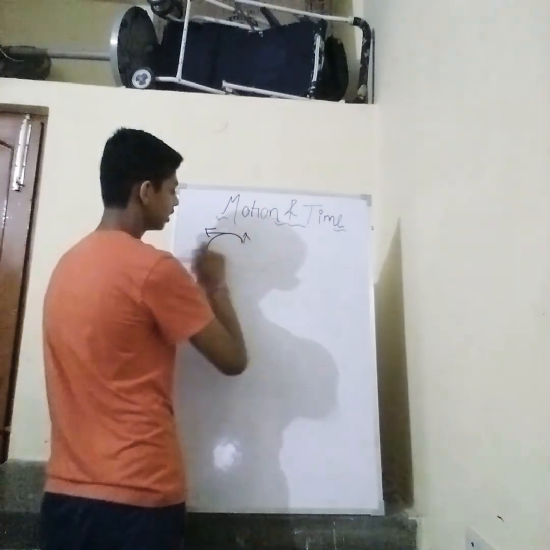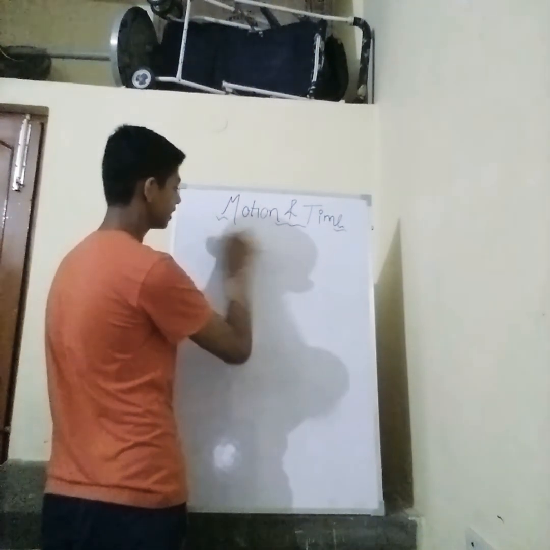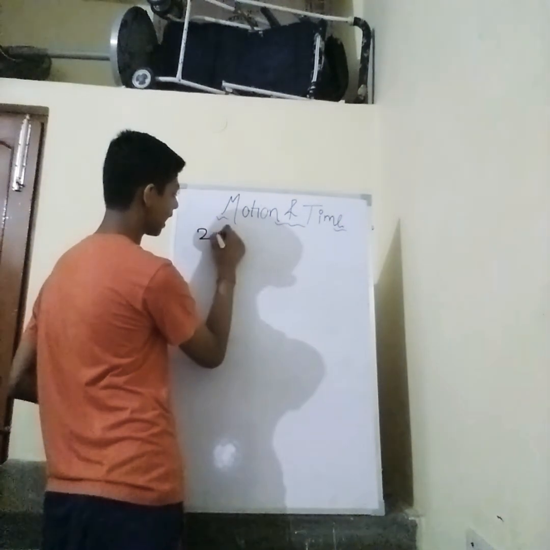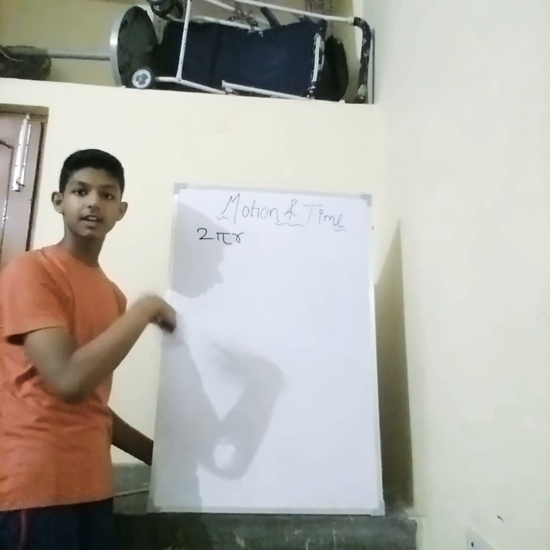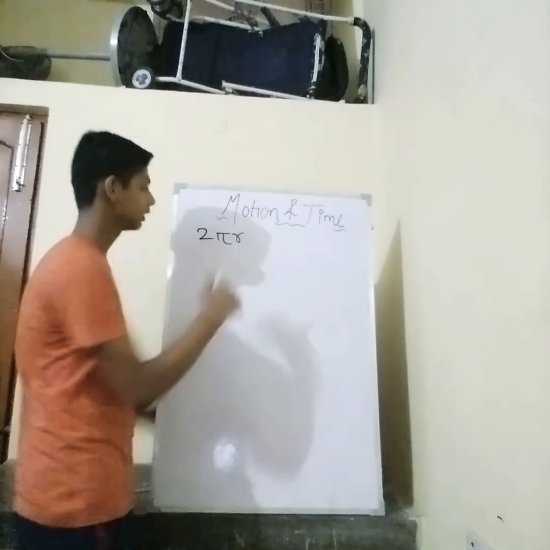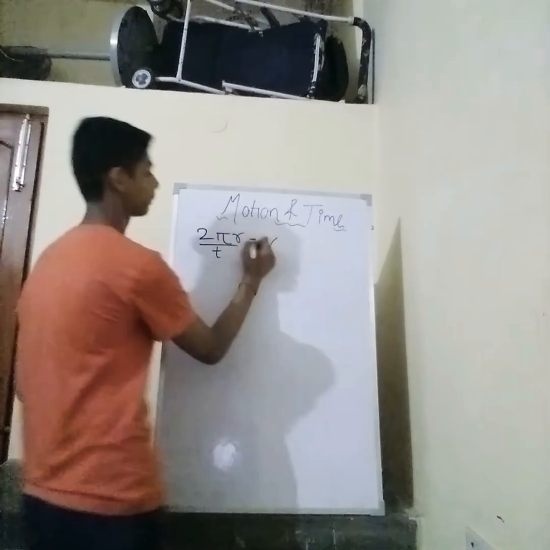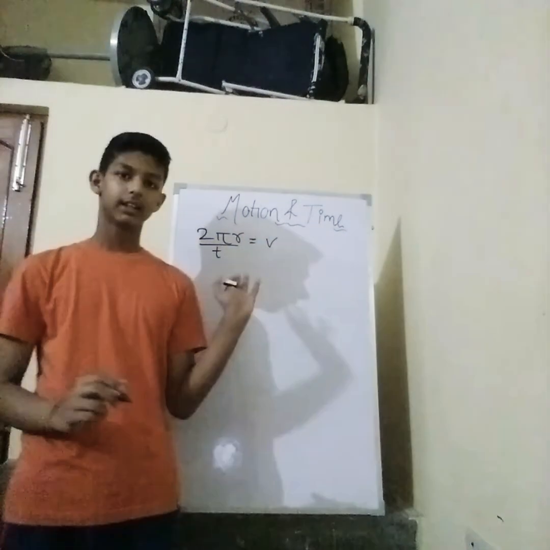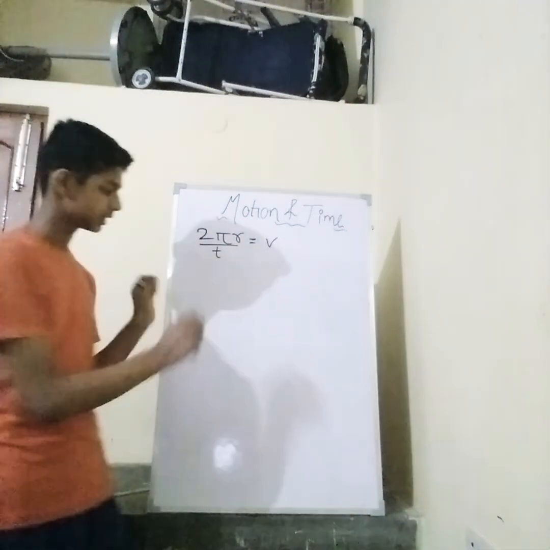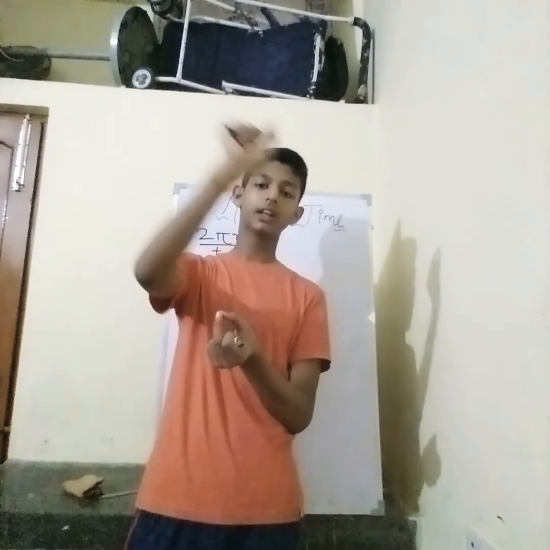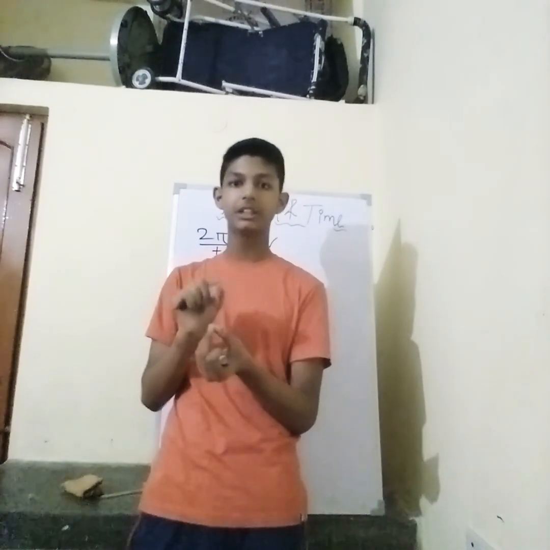So our total distance traveled will be 2 pi r, because of the circumference of the circle, by time is equal to speed. Okay, it is speed, not velocity, because if in circular motion we start from the initial point, cover the whole circumference and come back to that initial position, then our displacement will be 0.